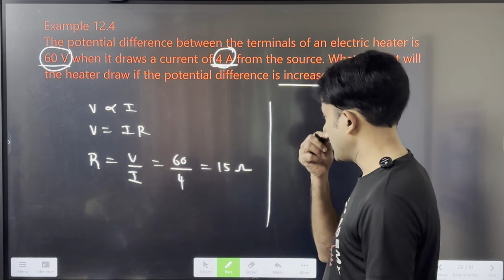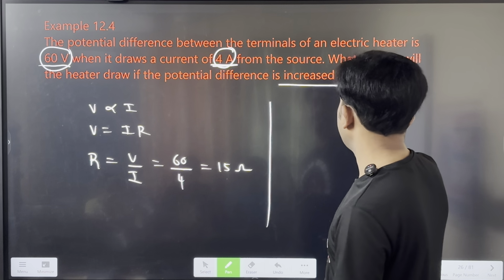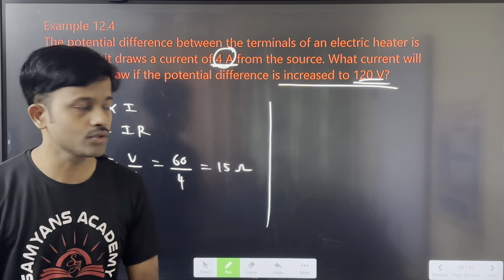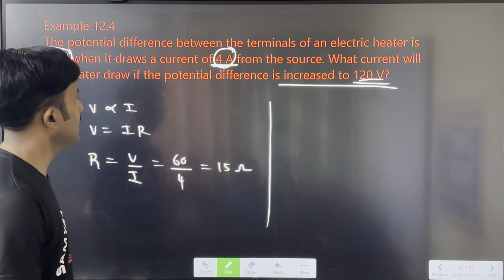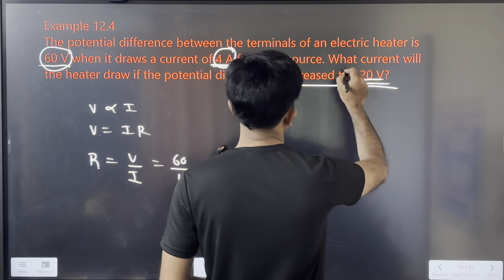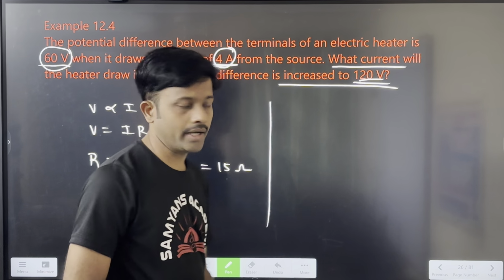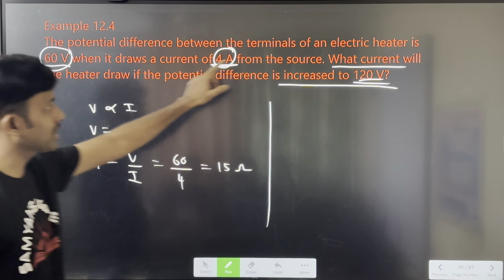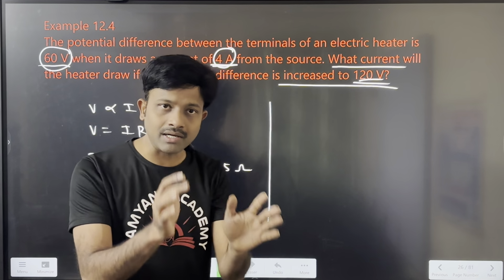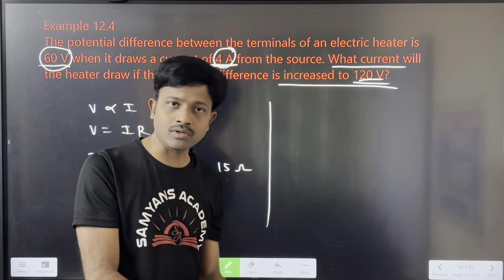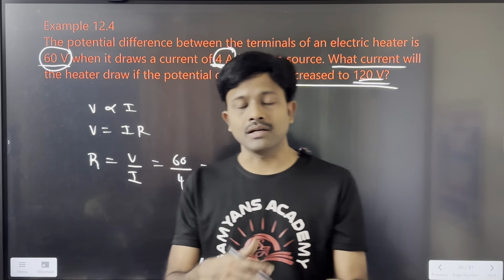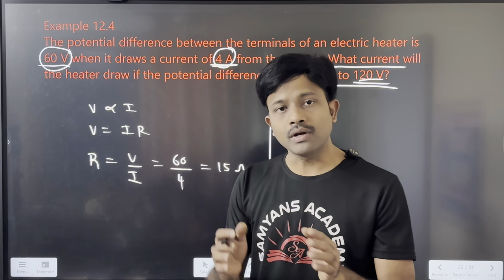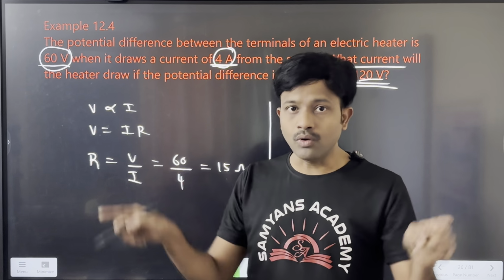Okay. Now, in the second case, what happens? If voltage increases to 120 volts, what current will the heater draw? You have to find out, right? In the same material we are using, the same electric heater. Once we connected it with the 60 volt source, and next time, in the next situation, we connected it with the 120 volt source.